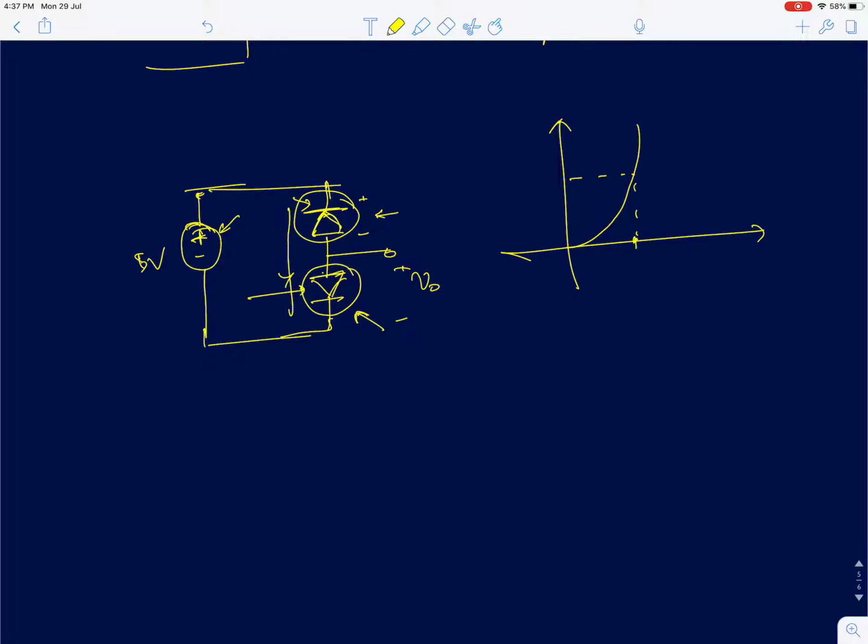Even for small changes in the voltage, there will be drastic changes in the currents, okay. So I can assume that most of the voltage falls across the reverse bias diode, and the current is going to be minus IS.